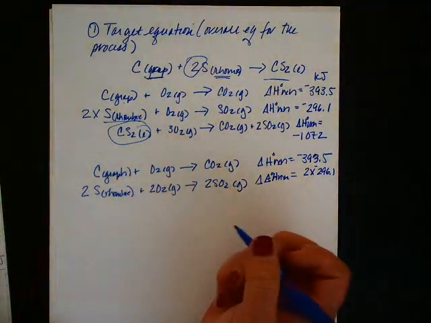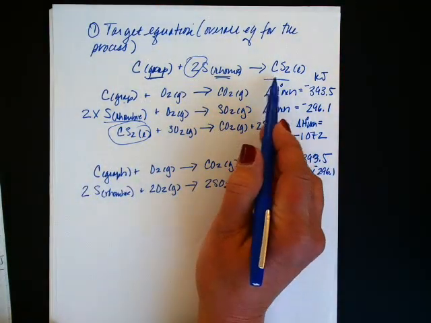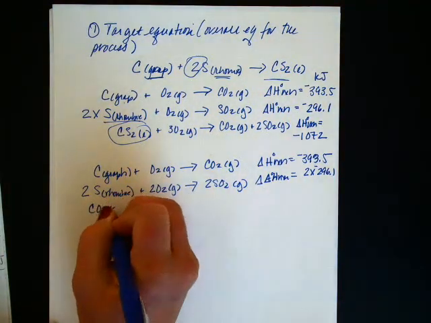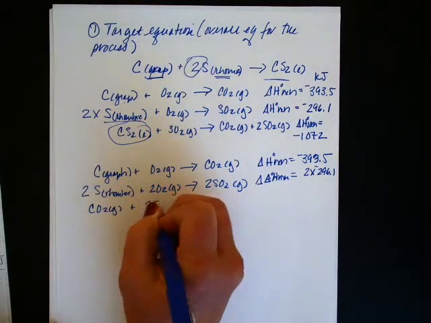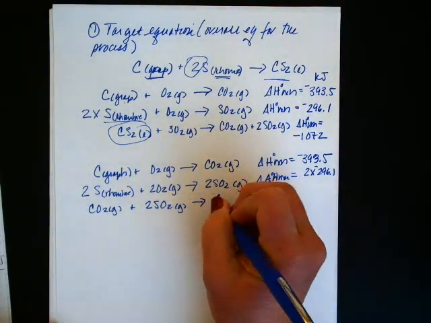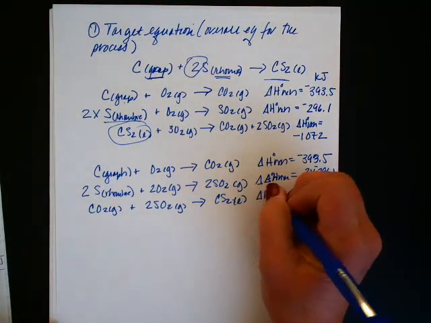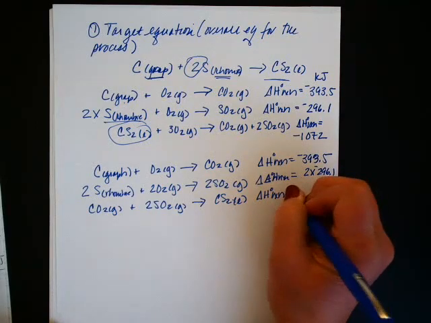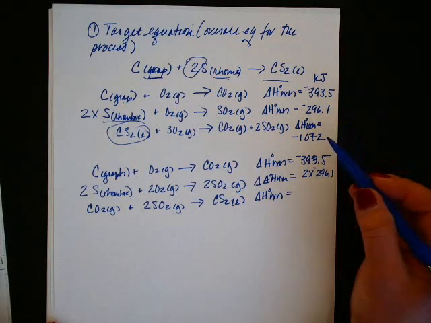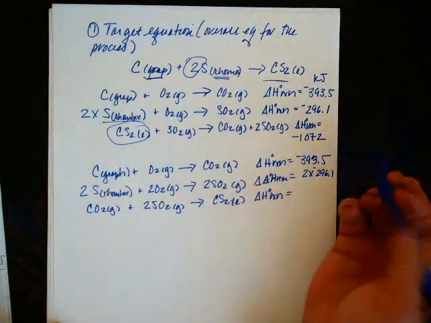We don't need to do anything to coefficients because we just have one mole here. So we have CO2 gaseous plus 2SO2 gaseous, giving us CS2 liquid. So what happens to my standard heat of reaction here? It becomes positive. It's negative in the forward direction. I had to flip it, so it's positive in the reverse direction.